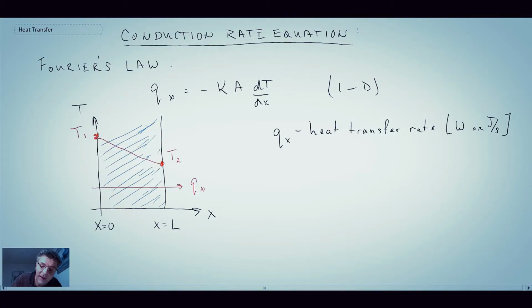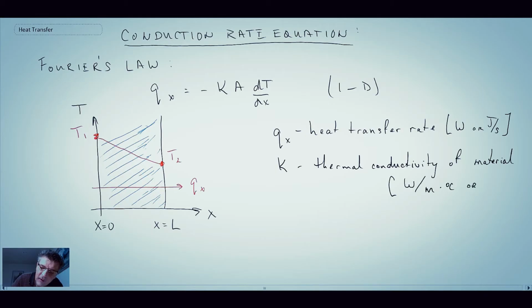The next term that we have is k. k is the thermal conductivity of the solid, or the material that we have the heat transfer going through. And the units of k are going to be watts per meter degrees C, or it could be watts per meter Kelvin.